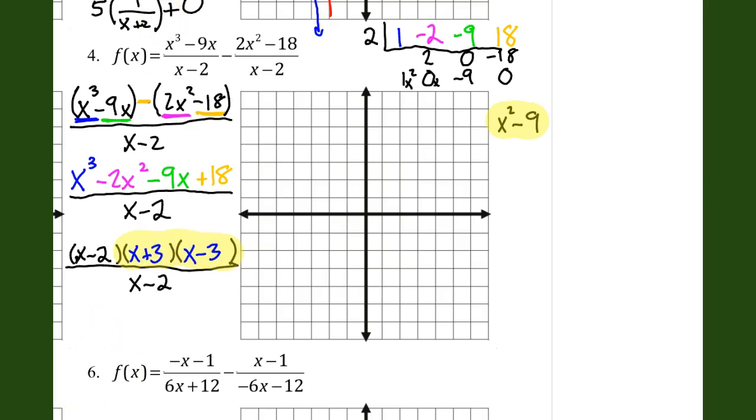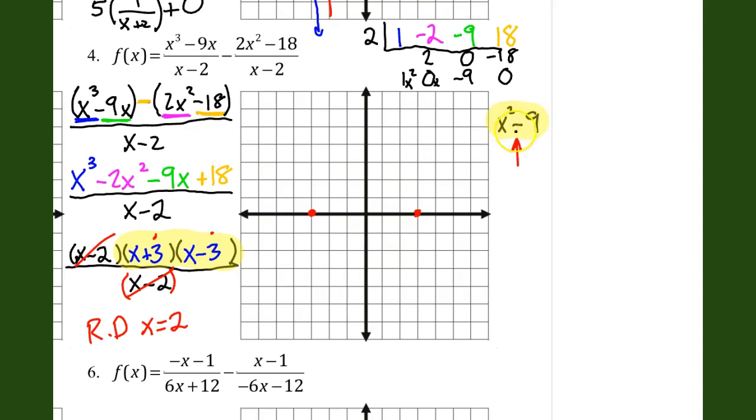Yep. So lastly, we can cancel out x minus 2 over x minus 2, which means the RD is at x equals 2. Now, what kind of graph is this? That's a parabola. So we know the roots are going to be at negative 3 and 3.